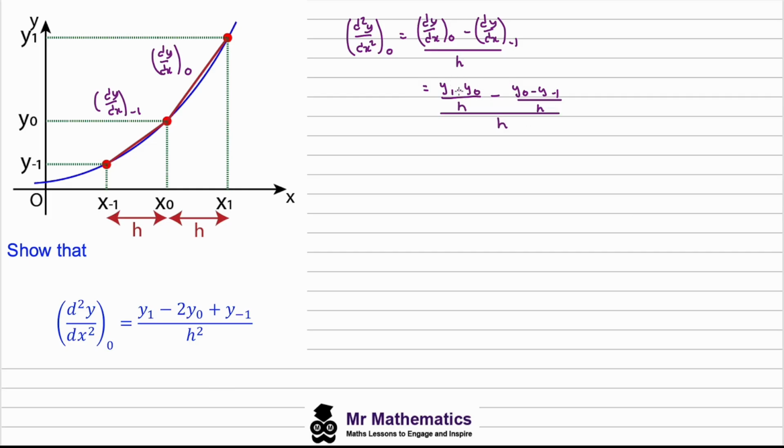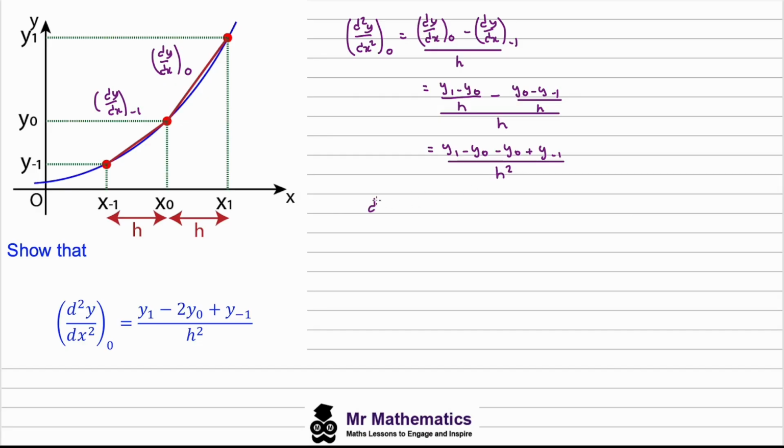Now we've got two fractions with the same denominators, so we can put our numerator together. We've got y1 minus y0 minus this y0, and then the negative here will give us a positive y subscript -1 over h. But because we're dividing by h here and again here, this will just be over h squared.